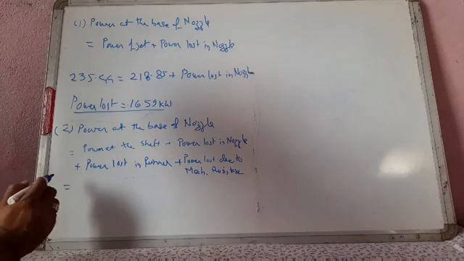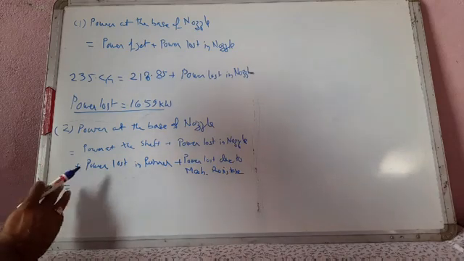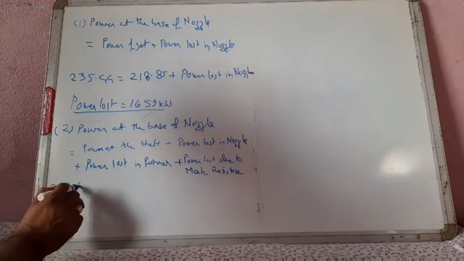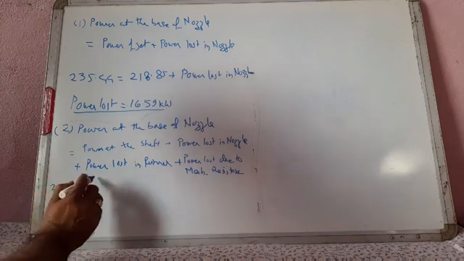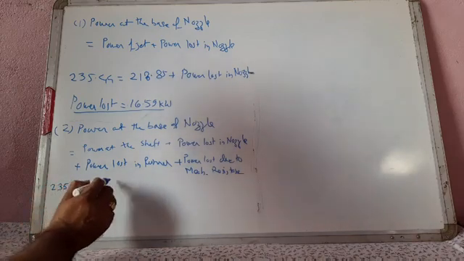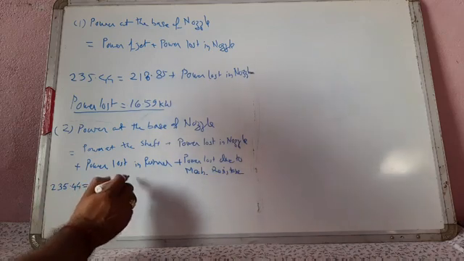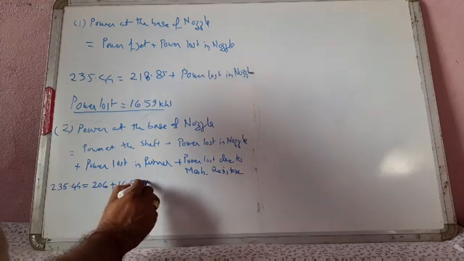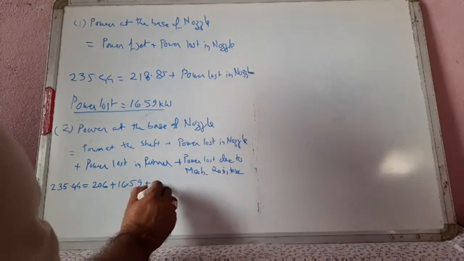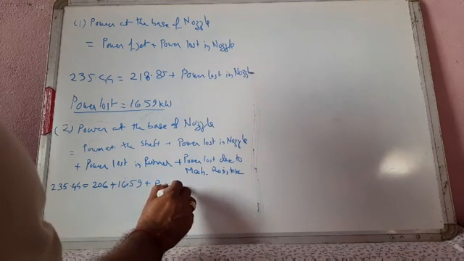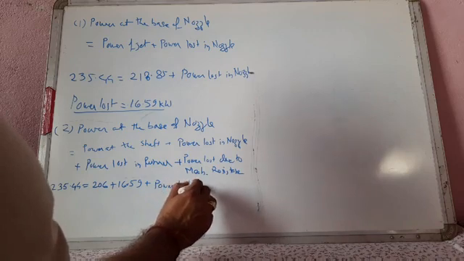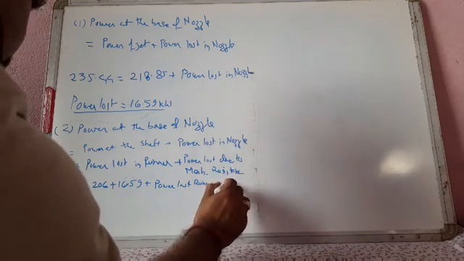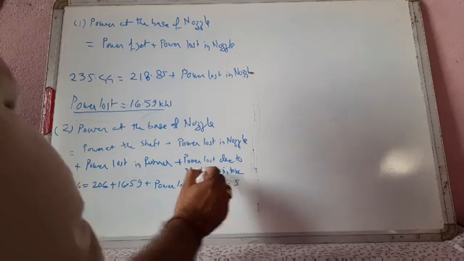This comes to 235.44 equal to 206 plus 16.59 plus power lost in runner plus 4.5.